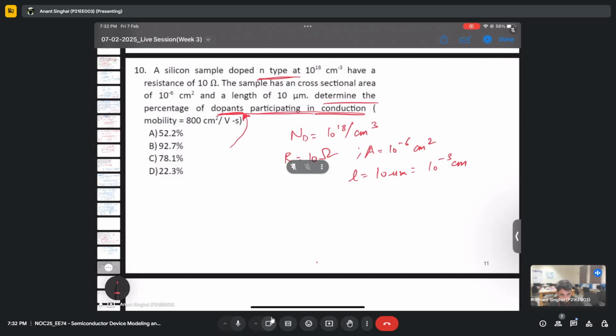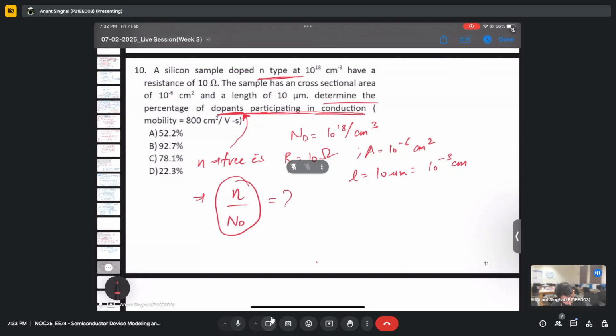The only thing that can take part in conduction is the free electron, right? And these are the impurities. So it is asking out of this ND, how much percentage is participating in conduction. So this is what we need to calculate.